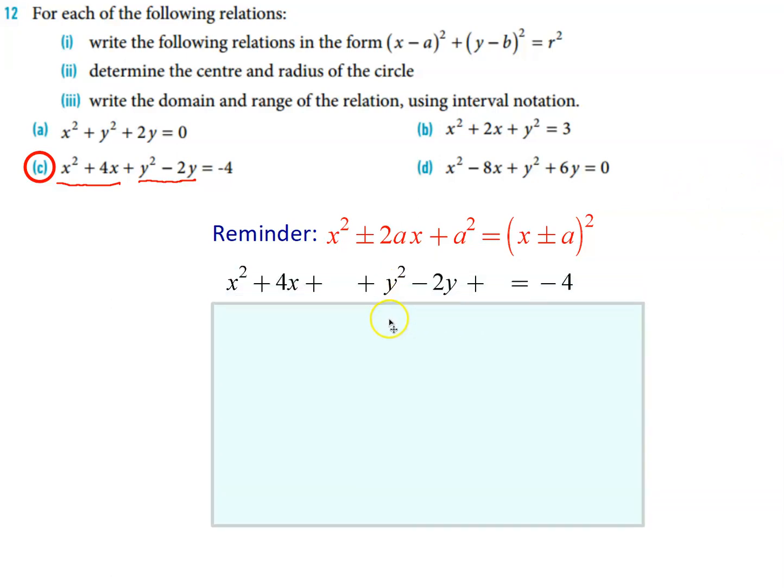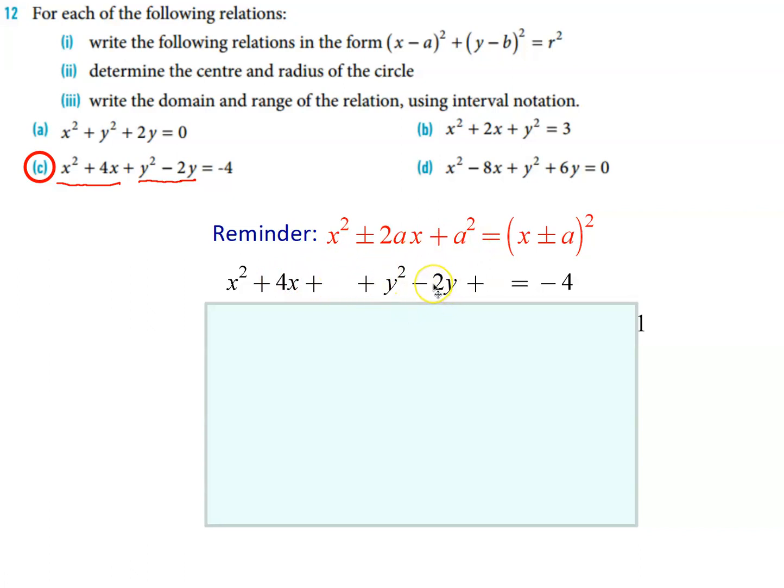That's what I've done to start. I've got to complete the square for those two terms using this formula, and for those two terms using this formula. So 4 is 2a, a is half of 4, which is 2, and 2 squared is 4, so that should be a 4 in there.